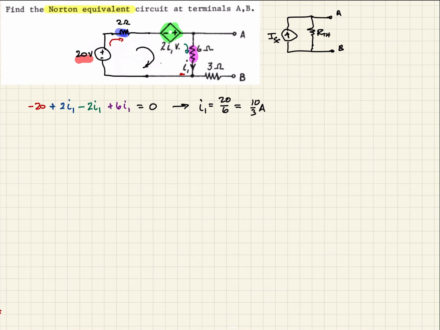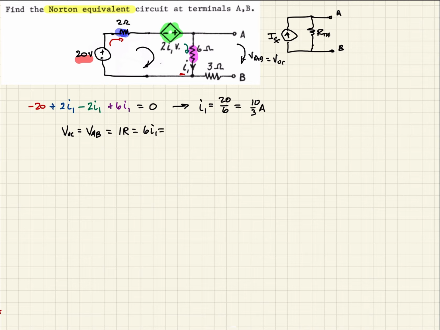And we also note that the voltage across AB, VAB, is going to also be equal to our open circuit voltage. So in that case, our open circuit voltage is equal to VAB, but from Ohm's law, we know that that's IR, and so that's 6 times I1.